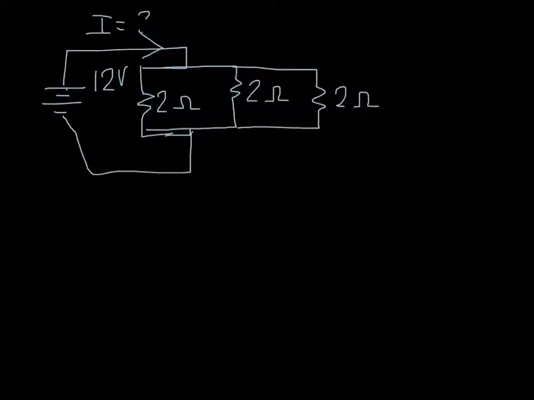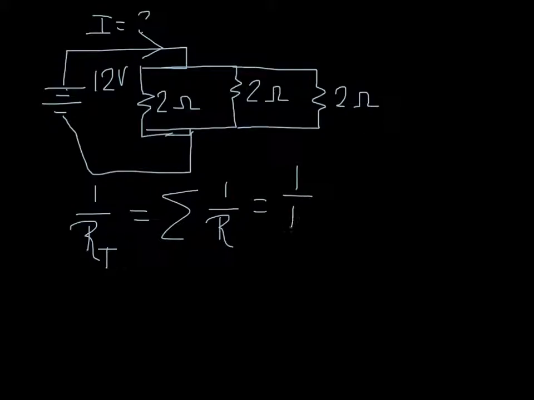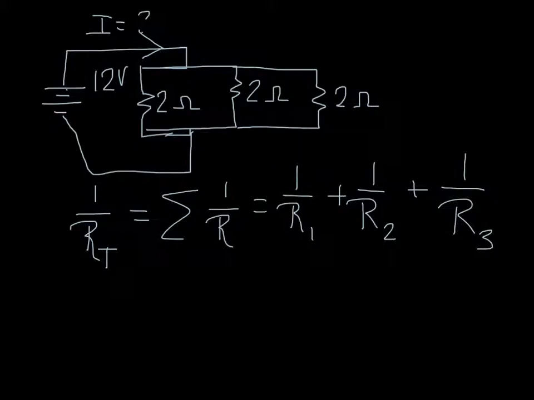On parallel circuits, it is 1 over the total resistance is equal to the sum of 1 over each resistor. Okay, so that's 1 over resistor 1 plus 1 over resistor 2 plus 1 over resistor 3.